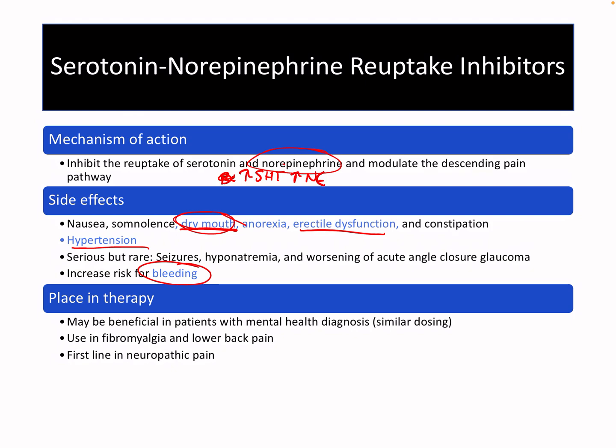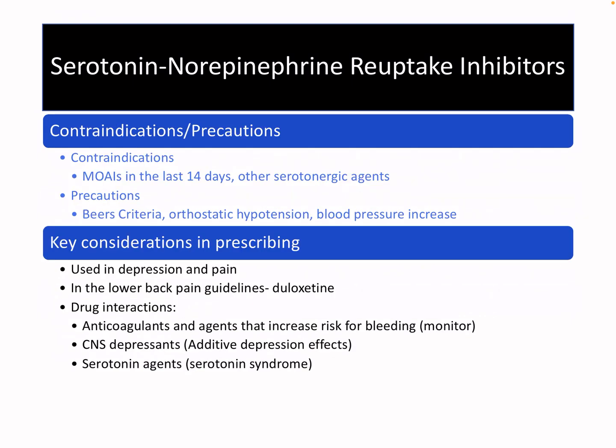Its place in therapy has a benefit for patients that have other mental health diagnoses because you can use similar doses as that you use for depression, unlike in TCAs. It's used in fibromyalgia and low back pain, and as I already mentioned, duloxetine is mentioned in the lower back pain guidelines. It is considered first line for neuropathic pain.